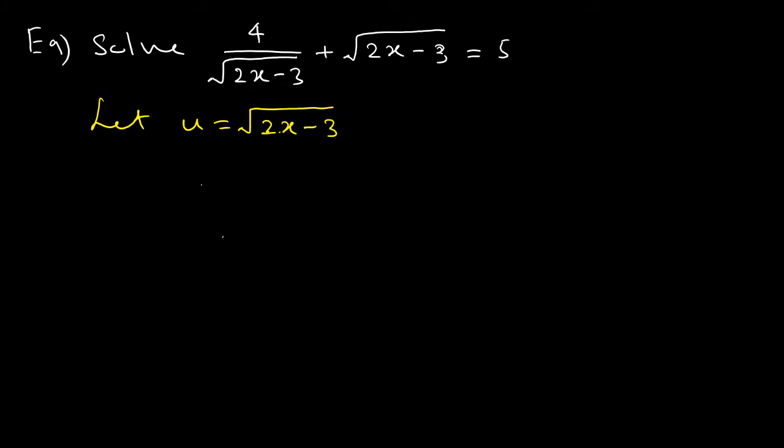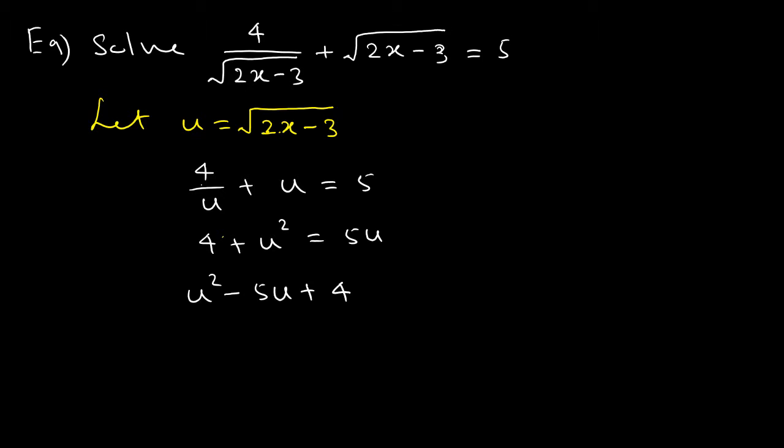Then you can rewrite the equation as 4 over u plus u equals 5. As before, multiply by u, so you get 4 plus u squared equals 5u. Bring all the terms to one side: u squared minus 5u plus 4 equals 0.